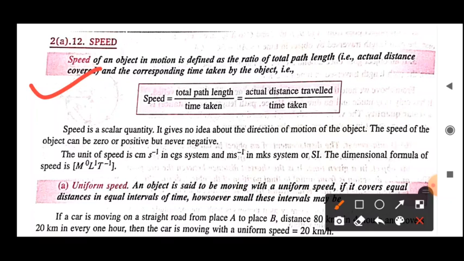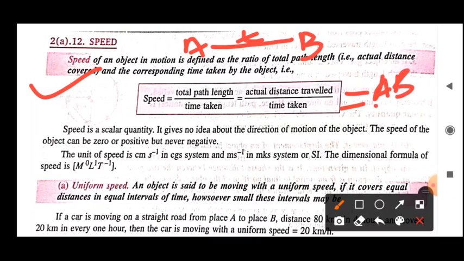Means if some body covers the distance A to B, suppose this is our point A, this is point B, in some time t, so the actual path travelled by this object is AB, and the time taken by it is t. So this is simple, the definition of speed: distance, actual, or the path length you can say, or actual distance travelled per unit time taken.